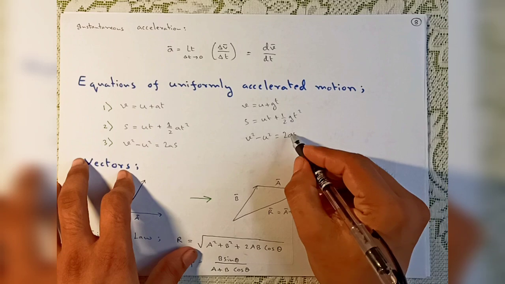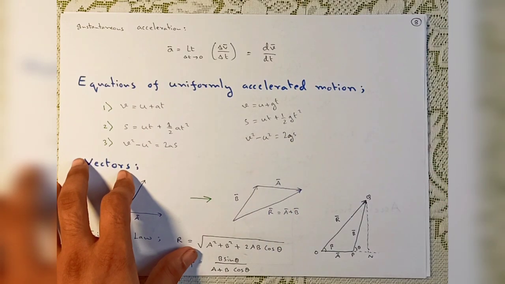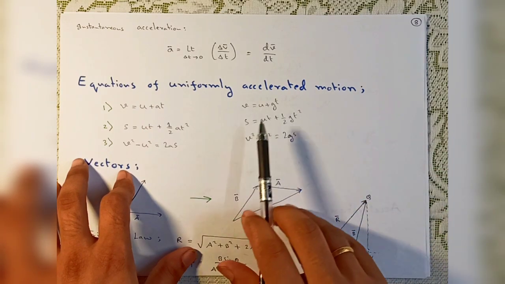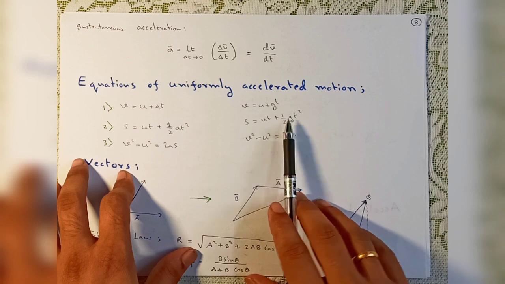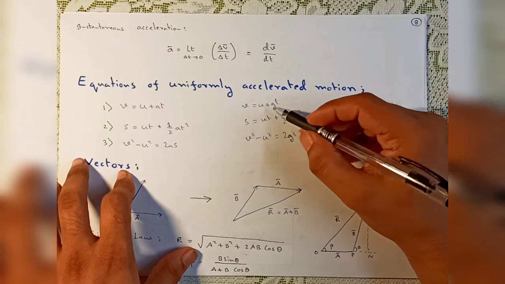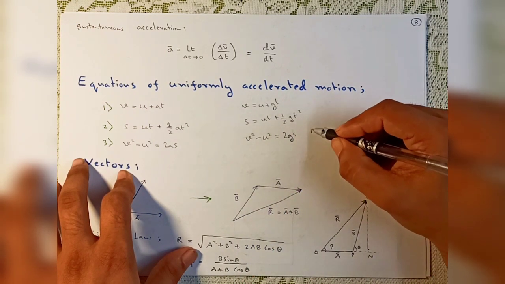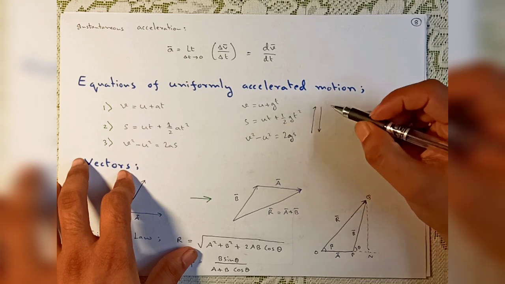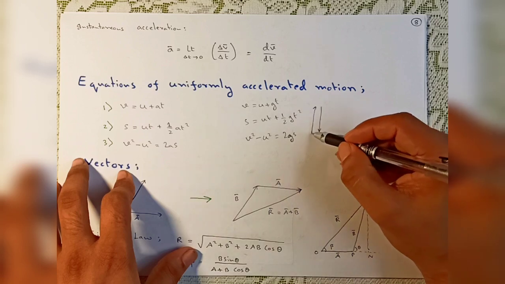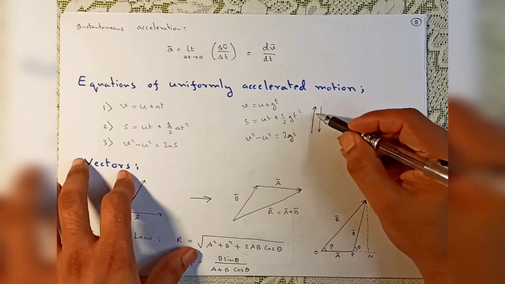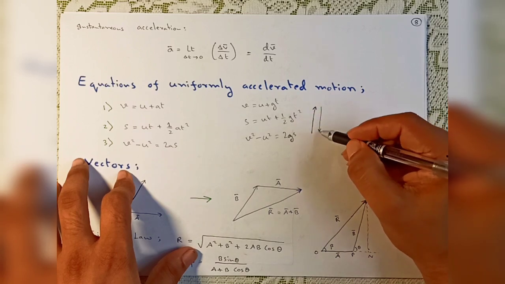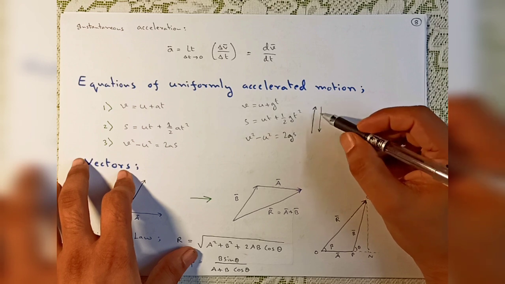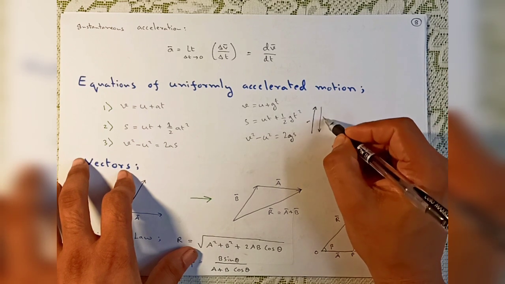Okay, this is going to be your gravity. The sign of g depends upon whether you are moving in the upward direction or the downward direction, whether you are going against the gravity or with the gravity. Depending upon this, it is either negative or positive.